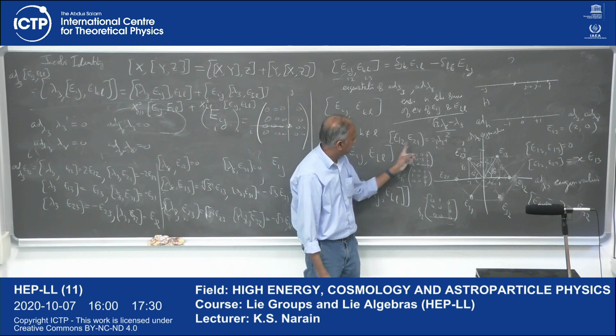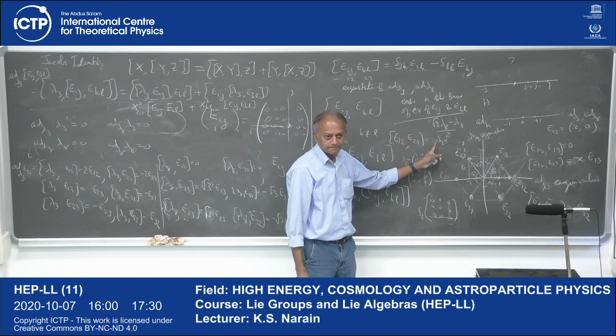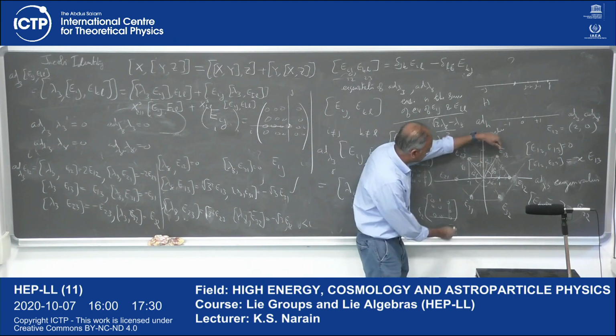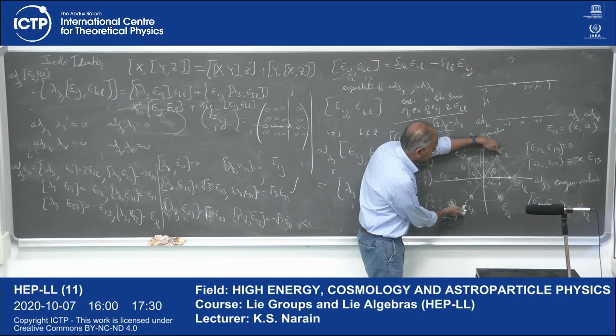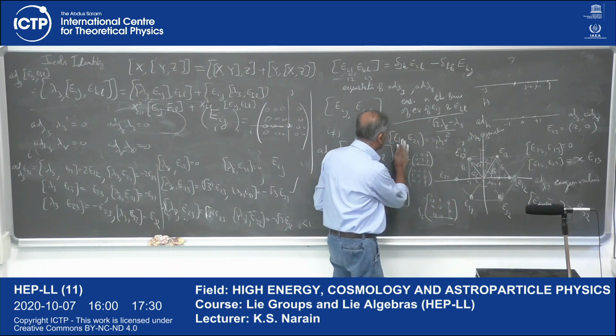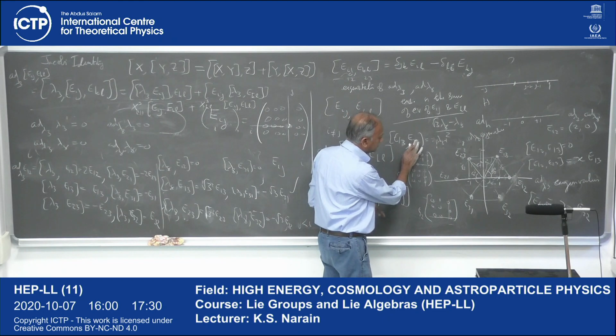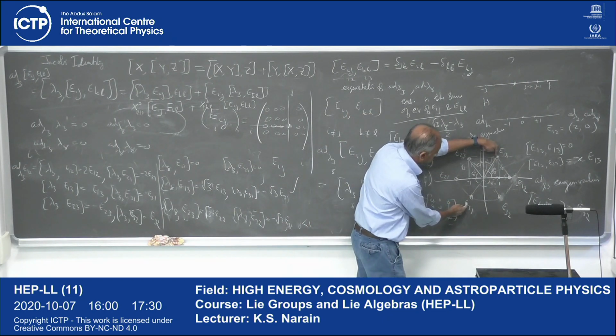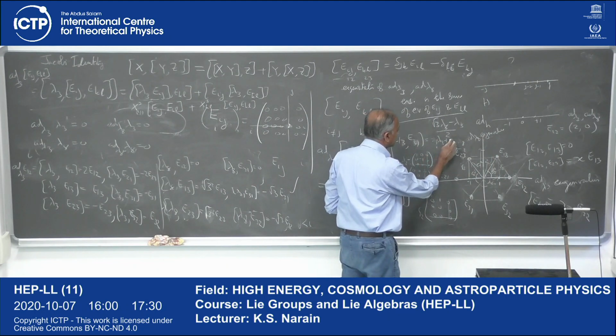So this is going to be some number times lambda 3. If you take the commutator of E13 with E31, then you will get a combination of lambda 3 and lambda 8.